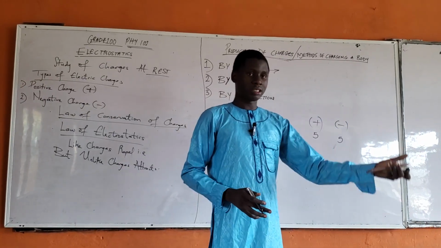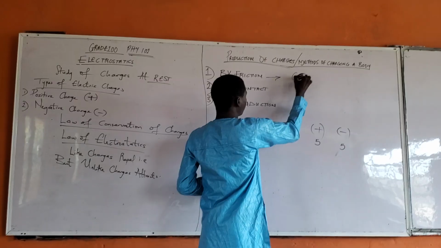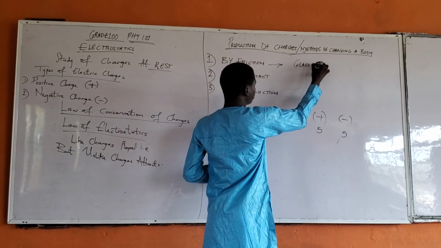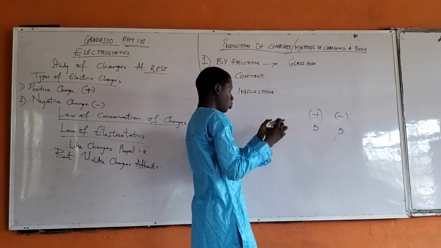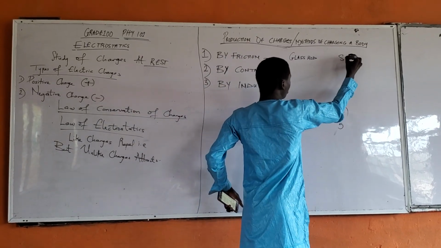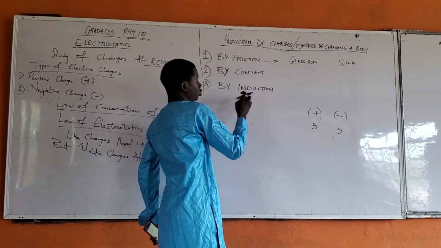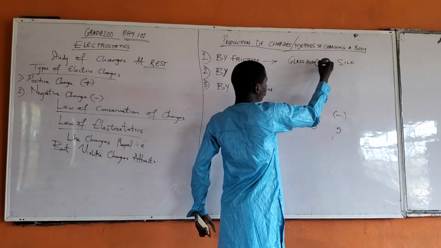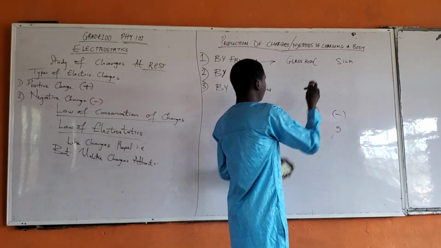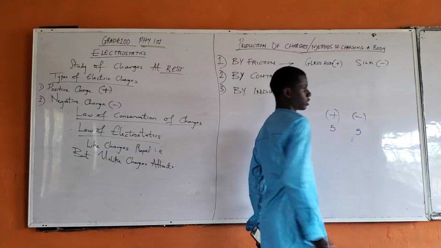One body will be positive and one body will be negative. Let's say, for example, we have a glass rod. When we rub the glass rod against silk, after rubbing by friction, the glass rod will acquire a positive charge, and the silk will acquire a negative charge.